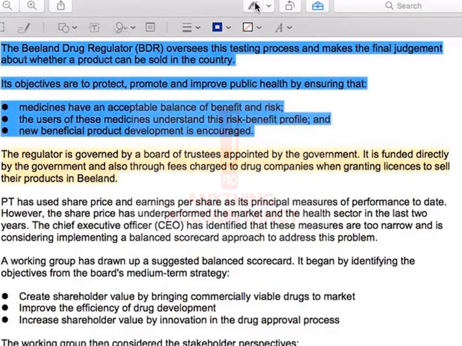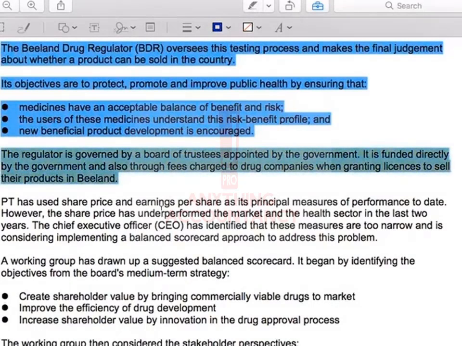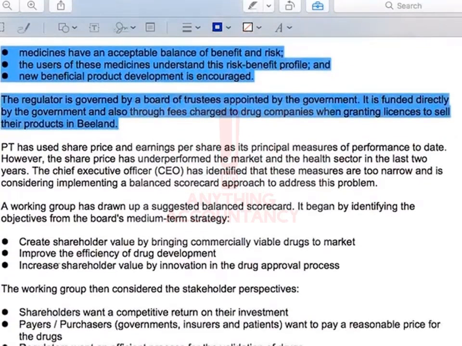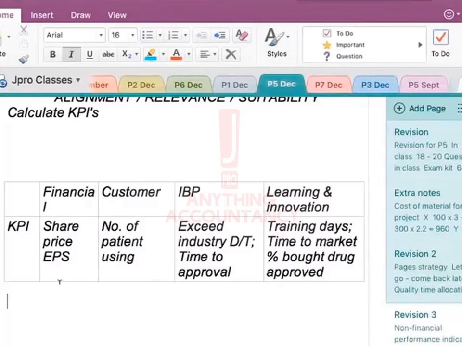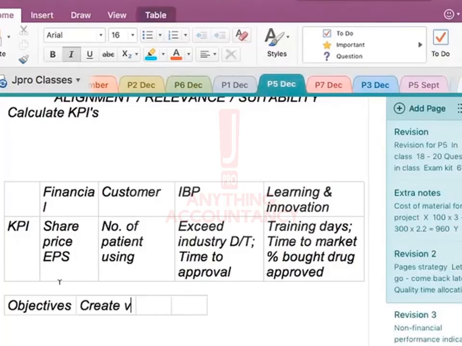Well, this is the regulator. We'll just keep that separate also. Okay. So the main objective is over here. Correct? Create shareholder value. Okay. So all you have to do is put down another line here, and you need to link it to create value.